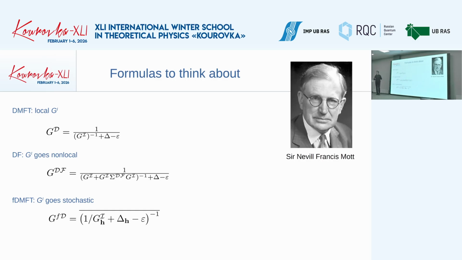It is not a number anymore, but a random value to be averaged over. I think that Francis Bott would love this approach, because, let me recall, he started with a picture of fluctuations.